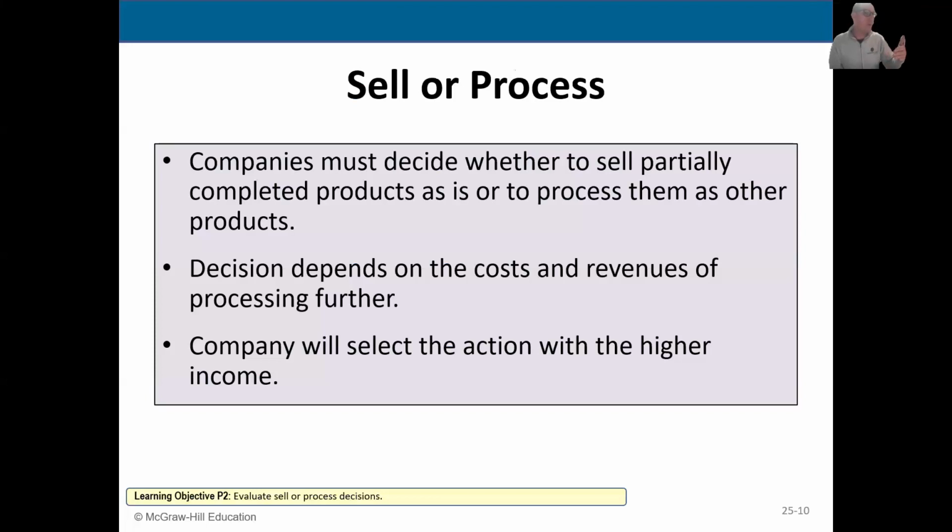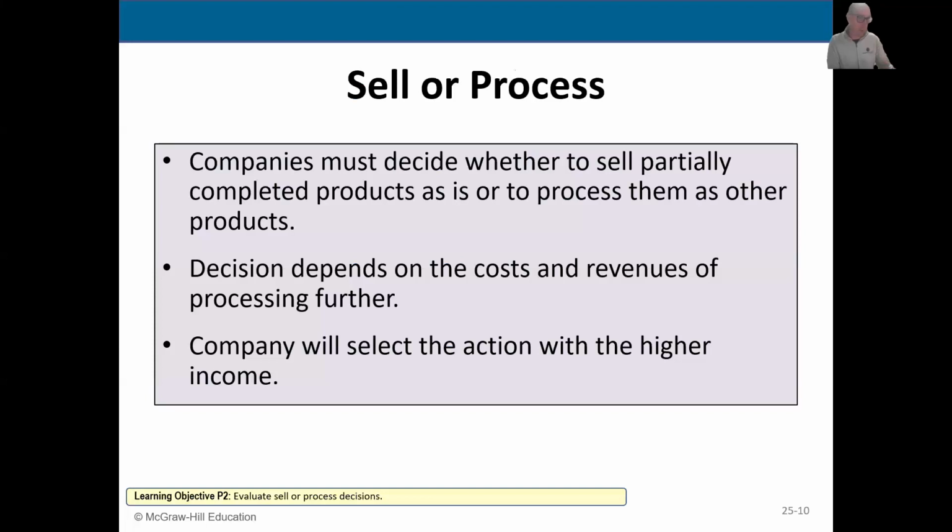They can sell it as is, raw milk, or they can process it further into whole milk, 1%, 2%, etc. Sell or process further. Companies must decide whether to sell partially completed products or process them further into other products. That's where the milk example comes into play.